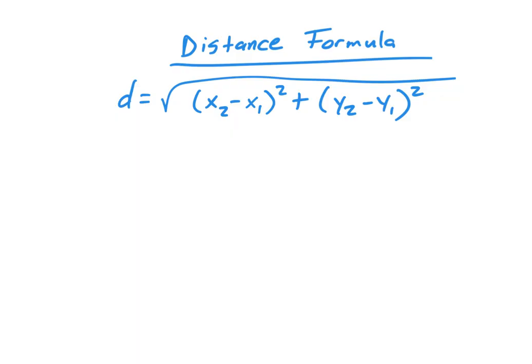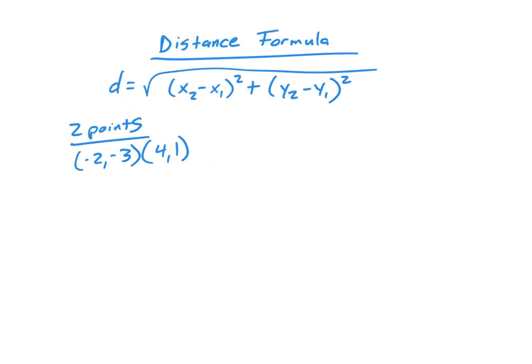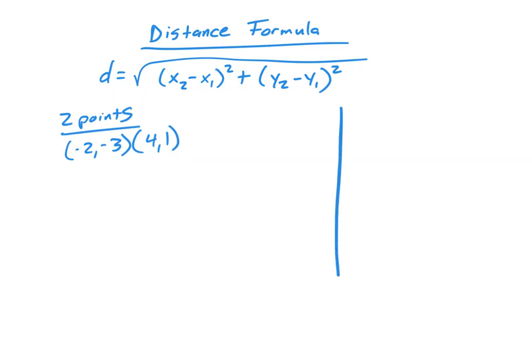Okay, I'm going to show you why and where we would maybe use the distance formula and where it applies to what we're doing in some of the other problems today. First of all, you're going to be given 2 points. Okay, so the 2 points I'm going to give you here are -2, -3, and 4, 1. Okay, we're going to plot these 2 points.